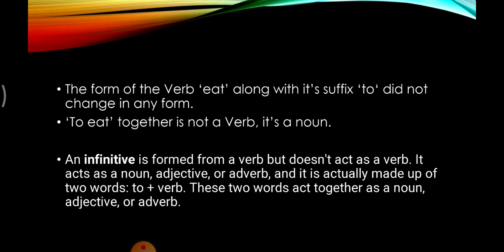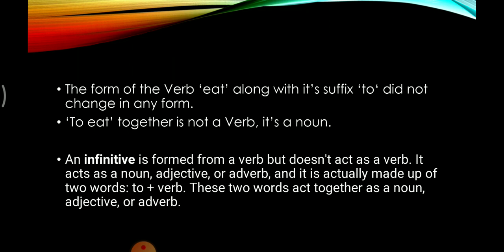It was the same. To eat together is not a verb. It's a noun. Only eat is a verb, but to is not a verb. Why? Because it is the thing that you won't be able to do. And things are what? Nouns. So here it will become a noun along with its suffix.